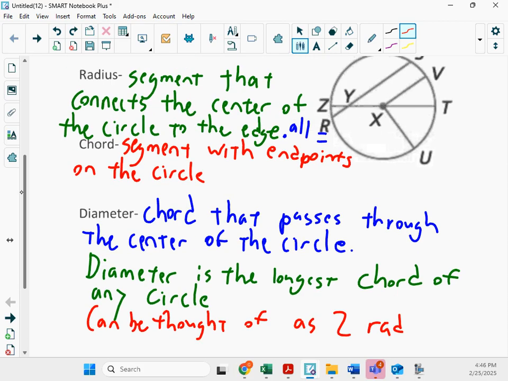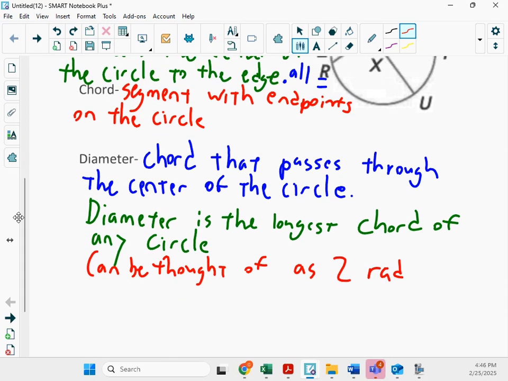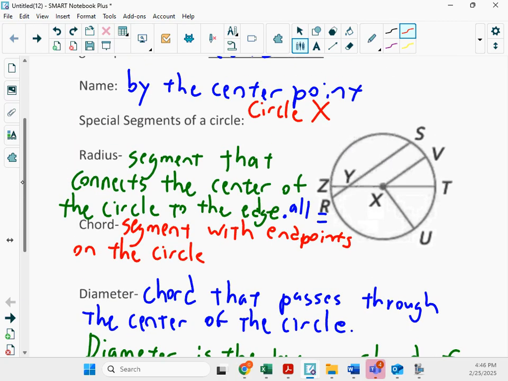Again, radii is more than one radius, in a straight line. So going back to this example, ZX is in a straight line with radius XT. Those two radii are in a straight line. So that's what makes up a diameter.